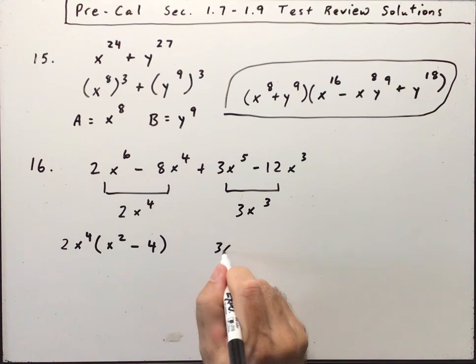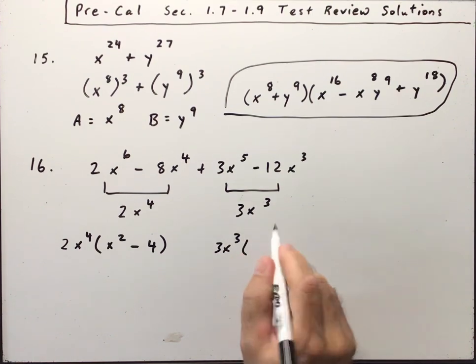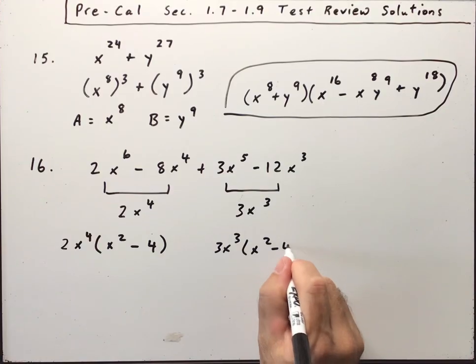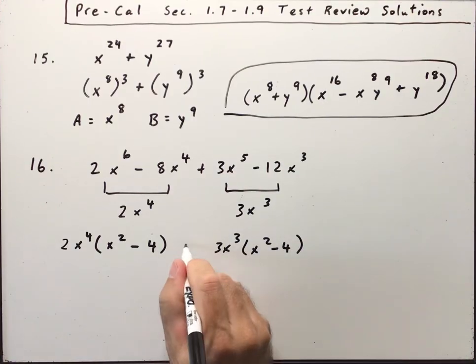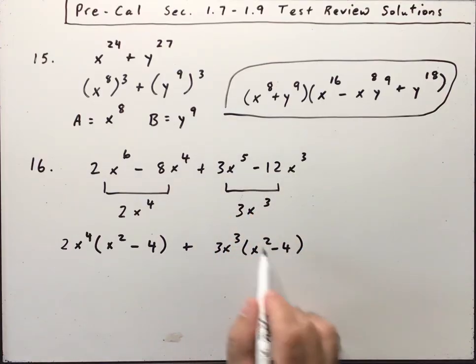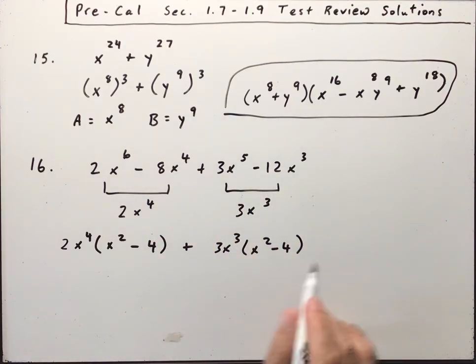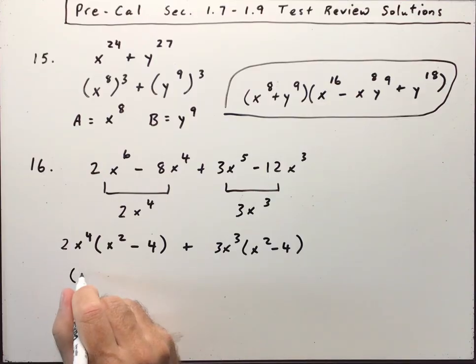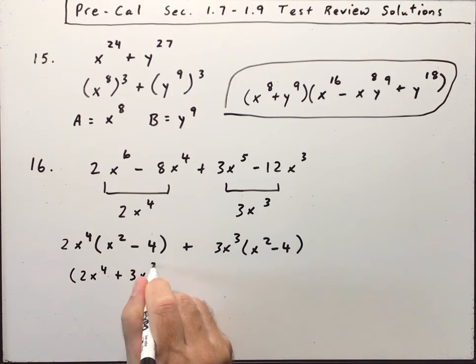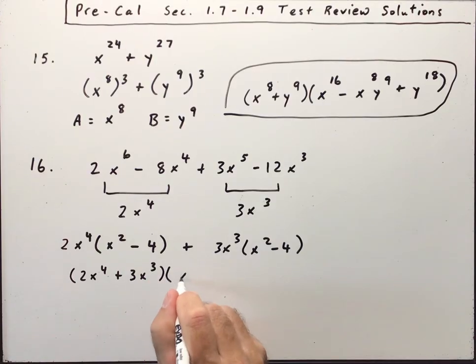And then 3x cubed, we would have x squared, and we're going to want it to be minus 4. And then we'll have a plus here in order to distribute and get back to the original equation. So we can rewrite this as 2x to the 4th plus 3x cubed times x squared minus 4.